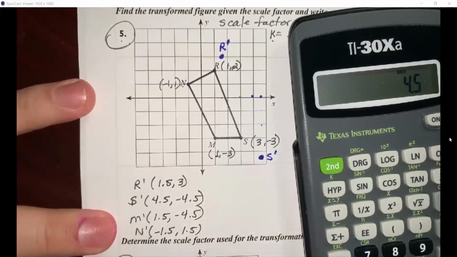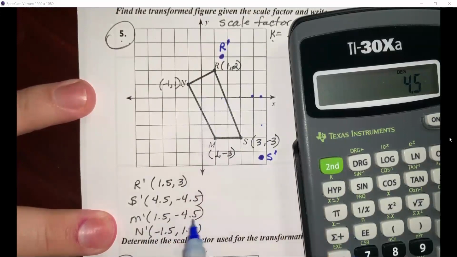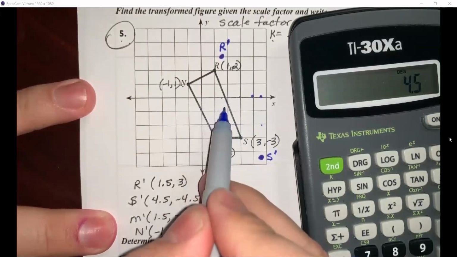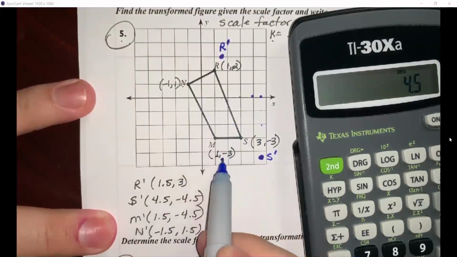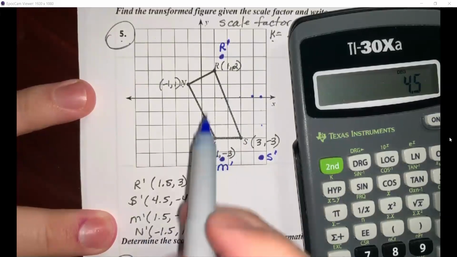Okay. Then my new M is located at 1.5. So 1 halfway through is 1.5. And then down 1.5 as well. Did I do that right? Oh, 4.5. So over 1.5, down 4.5. So down 4.5 is right there. There's my new M. And then for my new N, that's -1.5, +1.5.